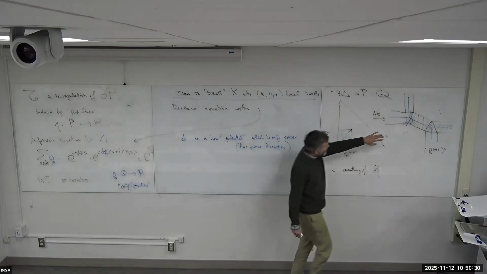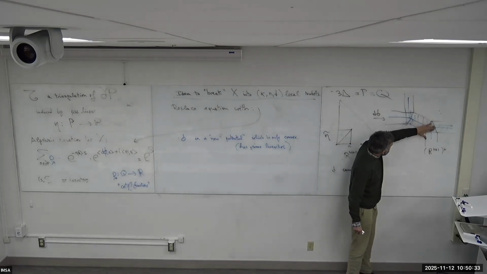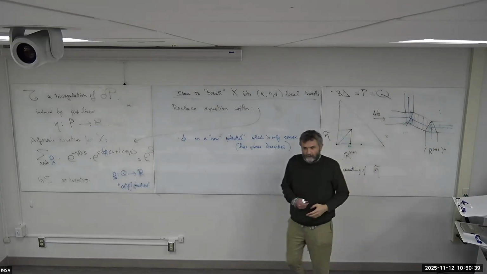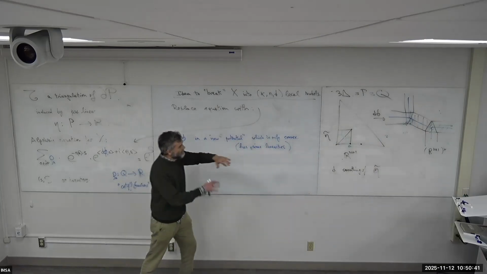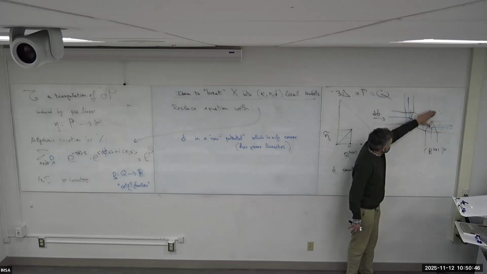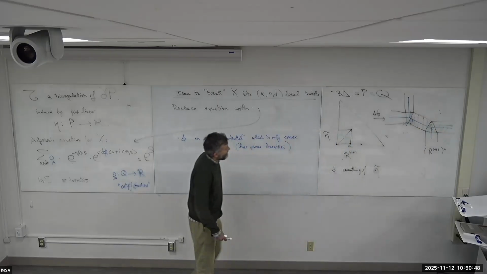So row A will die outside of this green region, and it will be one basically inside this region, except maybe a little bit on the bottom. So it's one here, and then it slowly dies and becomes 0 over there.